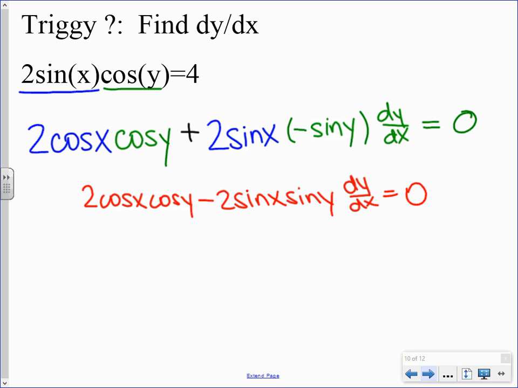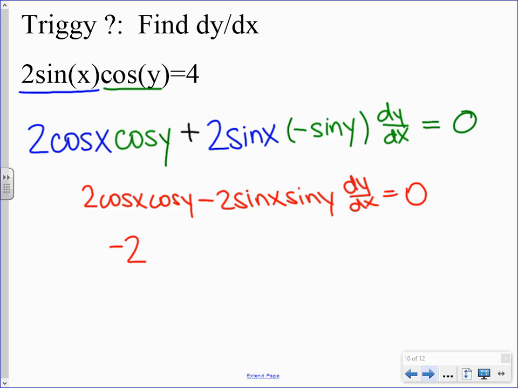Can I take cosine x and cosine y and write it as cosine squared? No. The angles are not the same. We cannot combine those. Instead, how do we get dy/dx by itself? Two cosine x cosine y needs to be moved over how? Subtraction.